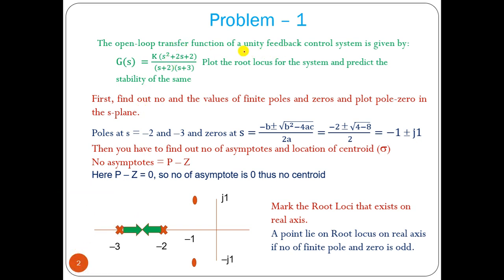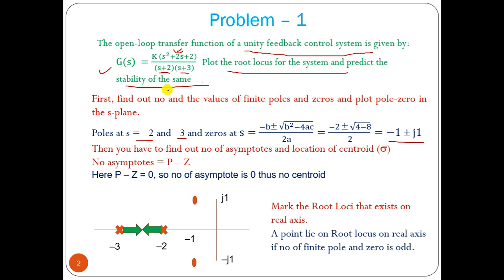the open loop transfer function of a unity feedback control system is given. We have to plot the root locus and predict the stability. From this transfer function we can see we have two poles at s equal to -2 and -3, and this is a quadratic equation, so we have the zeros at, using the Sridhar Acharya formula, -1 plus minus j1.